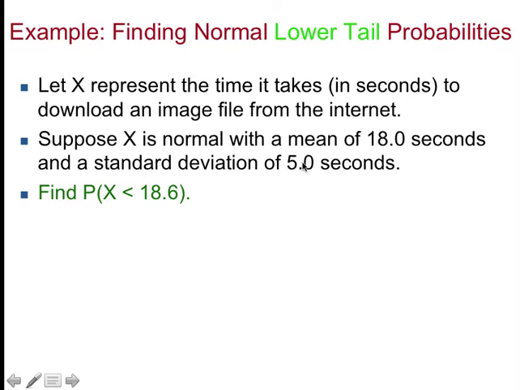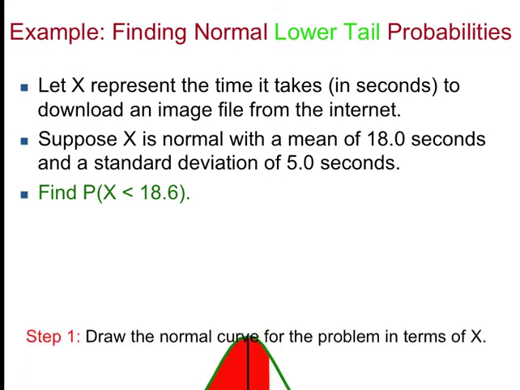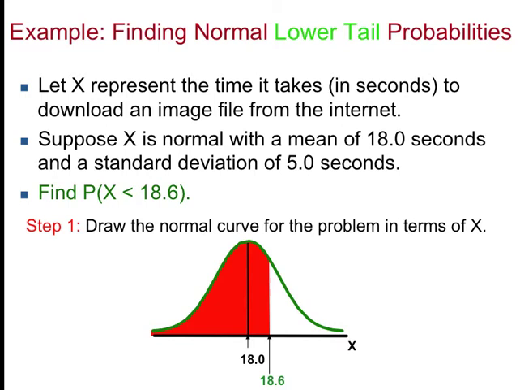You wish to compute the probability that x is less than 18.6. We will follow the three-step procedure discussed earlier. First step, we sketch the normal curve for the problem in terms of x, where the mean is 18 and the value of interest is 18.6.